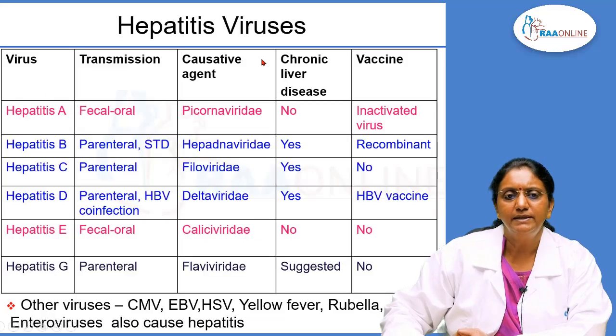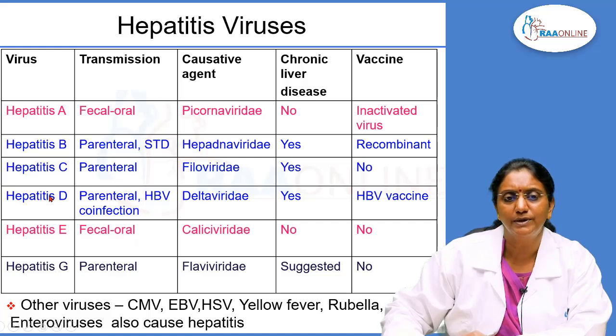In this table I have classified those 6 viruses. What is given in pink is the feco-orally transmitted viruses, and the others are all parenterally transmitted viruses. From this table we can see that hepatitis A and hepatitis E are feco-orally transmitted viruses, whereas B, C, D as well as G, which is the latest addition among the hepatitis viruses, all spread by the parenteral route.